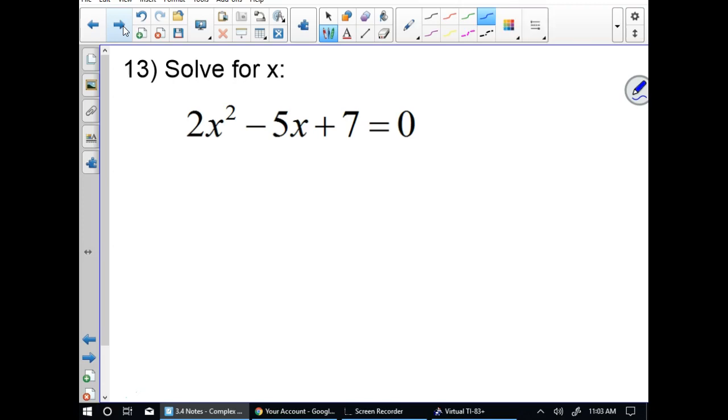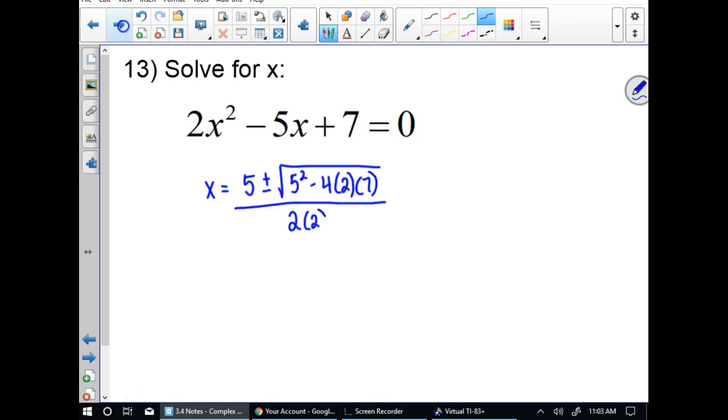So if we have 2x squared minus 5x plus 7 equals 0, everything's already on one side. We just need to do quadratic formula. So we'll have x equals opposite of b plus or minus square root b squared minus 4ac all over 2a here. And so when we do this, we're going to get 5 plus or minus.